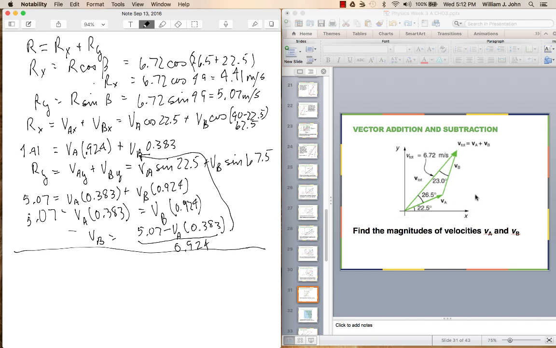If you have a line here that represents the x-axis transposed to where the head of VA is, and a line intersects two parallel lines, then these two angles, this one and this one, have to add up to equal 90 degrees. And so indeed, the angle for this second one is 67.5, or 90 minus 22, as opposed to the 26.5 that I put in here.